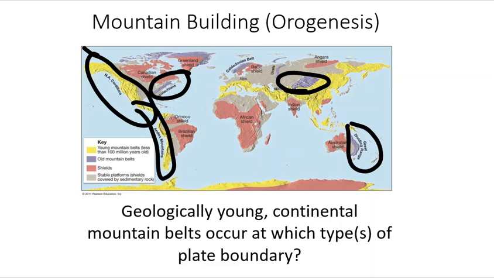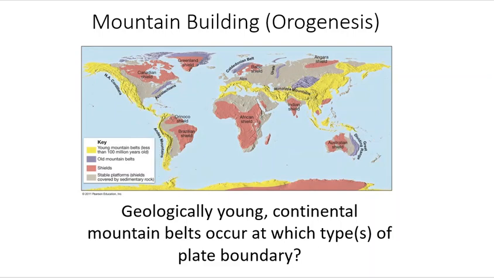So the take-home message of this slide is that mountain belts, also known as orogens, occur all over the world. And what we're going to explore in this chapter is how continental mountain belts are put together, how they form.